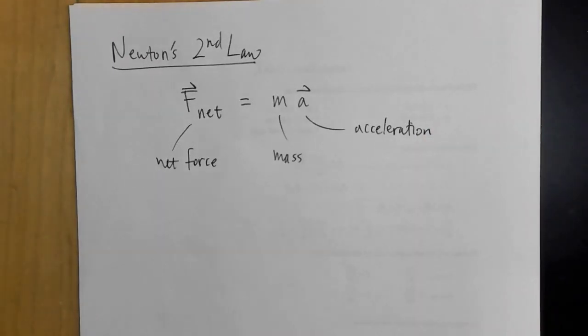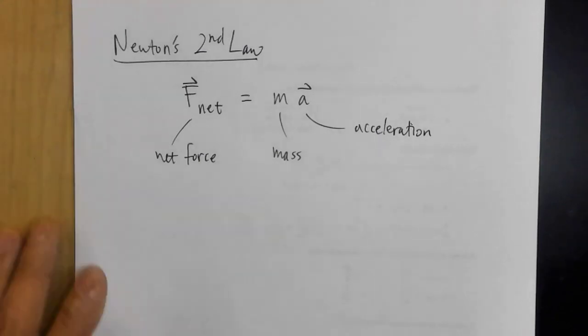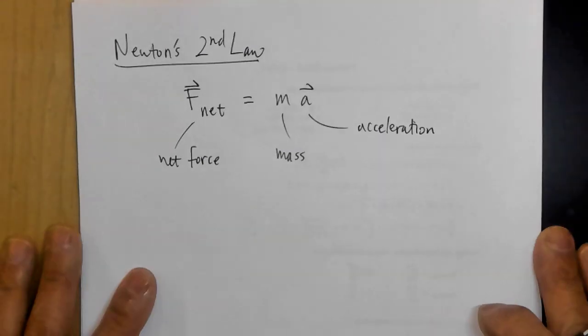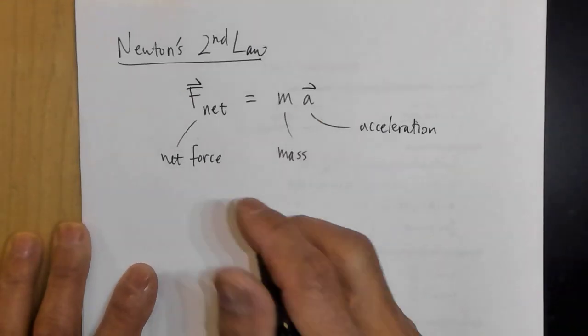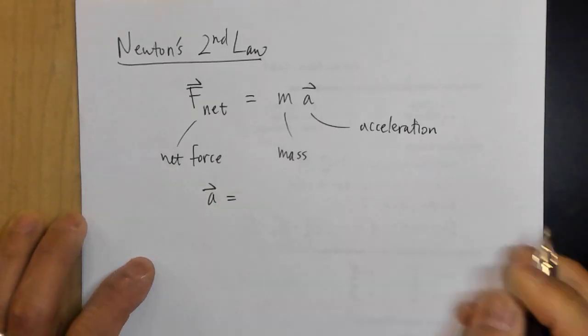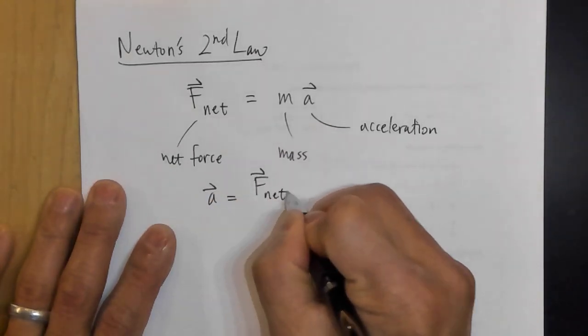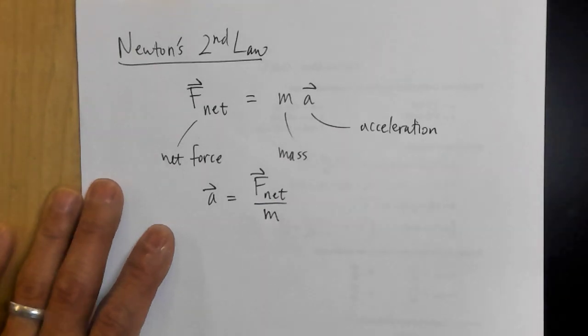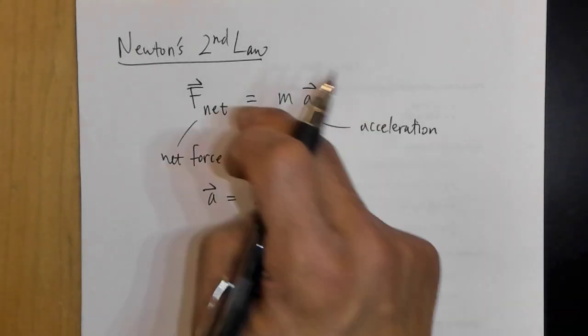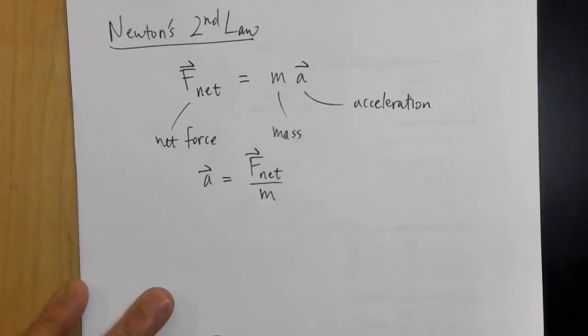F net is equal to m times a. Okay, so if I want to solve for acceleration, if I know the net force, I divide by the mass, and then I can solve for the acceleration. That's pretty straightforward, just divide by m.